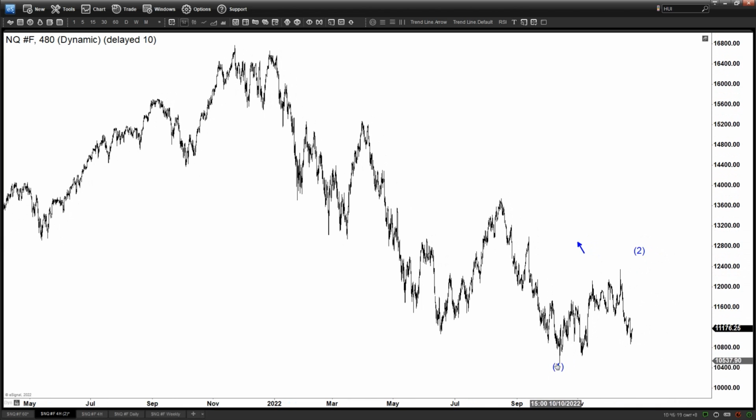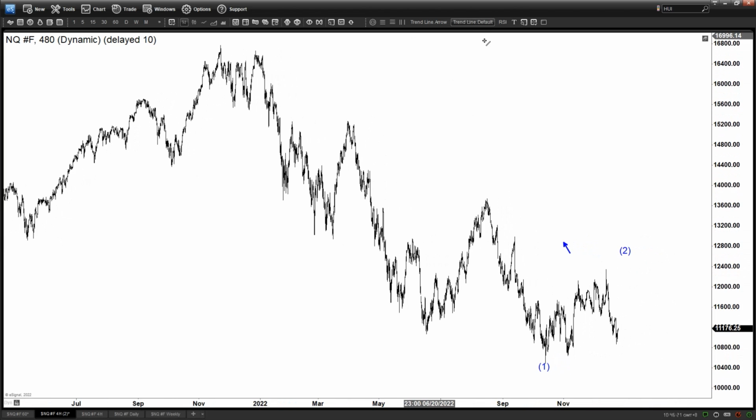So without breaking below the low, this could have been A, this could have been B, and then now we could have been rallying in the C leg, and that should be ending your wave 2 here before turning lower again, right? So the idea is that confirmation is going to be more clear if we manage to break below 1. Until then, we can actually be doing a double and then rally again.